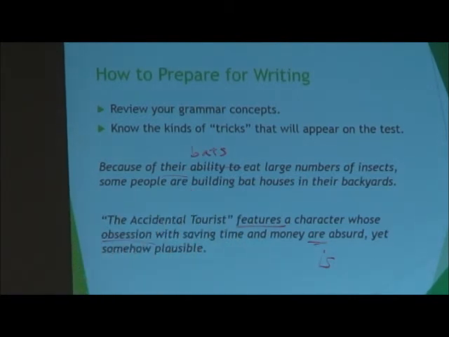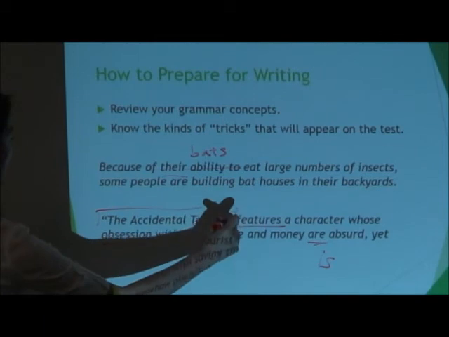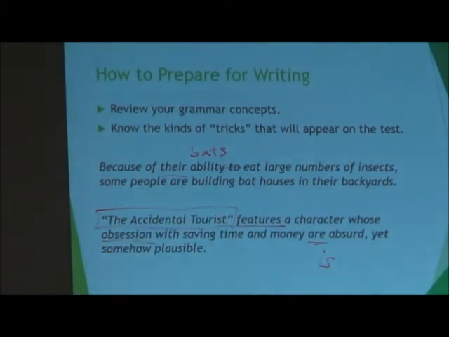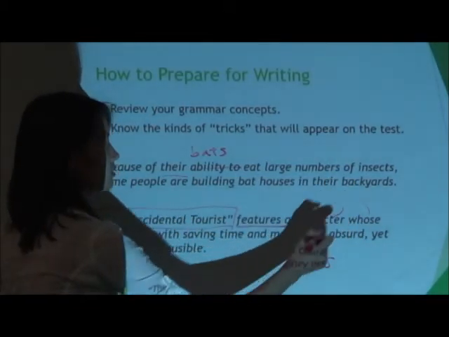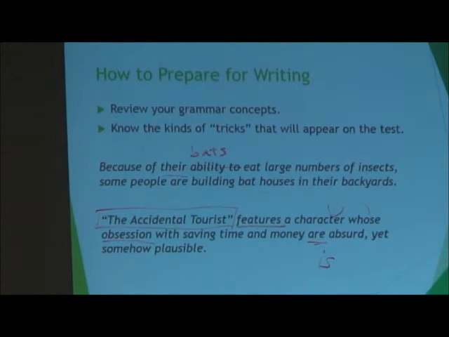So what features? Okay, our subject is The Accidental Tourist, and The Accidental Tourist features a character. And then whose obsession? So the character's obsession, right? So "whose," a pronoun, always refers back to the word right before it. If it doesn't, then you're wrong.